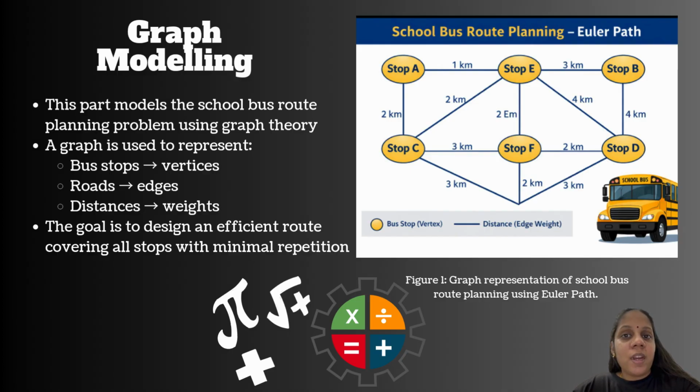This is where graph modeling comes in. According to Figure 1, we represent bus stops as the vertices, roads as the edges and distance as the weight. So basically we convert the real world problem into a mathematical model that we can analyze and optimize.